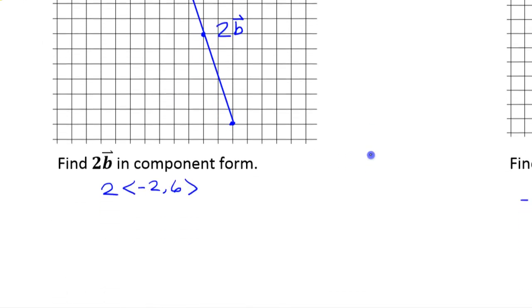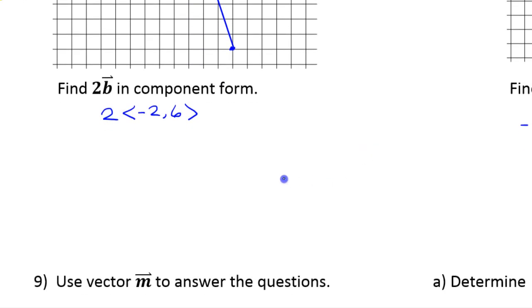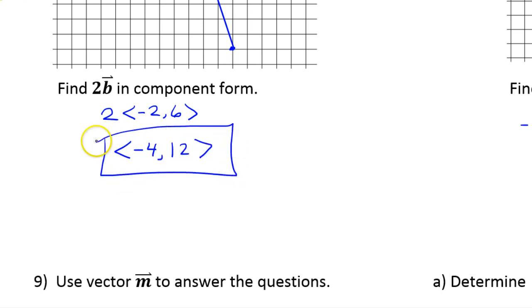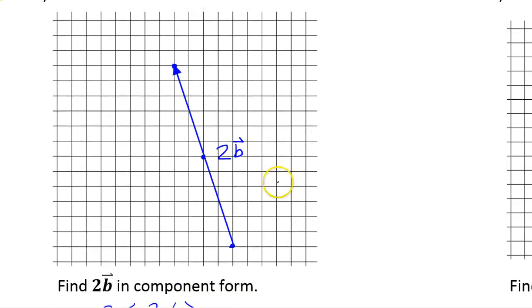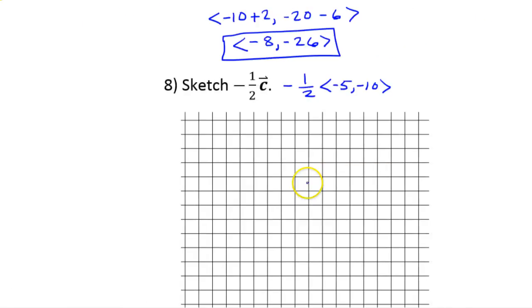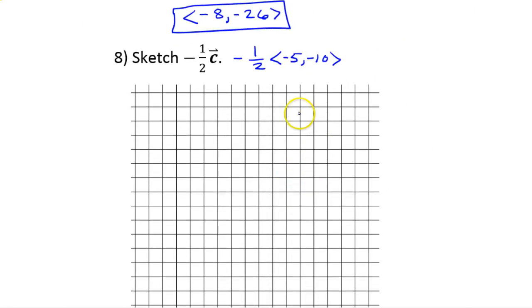Now, we are supposed to find 2b in component form. So we'll just multiply and we will get -4, 12. Which is clearly what we have here if I went left 4 and up 12. There you go.